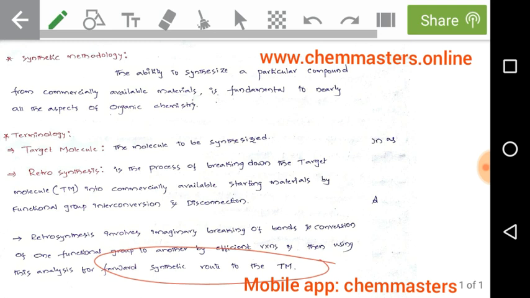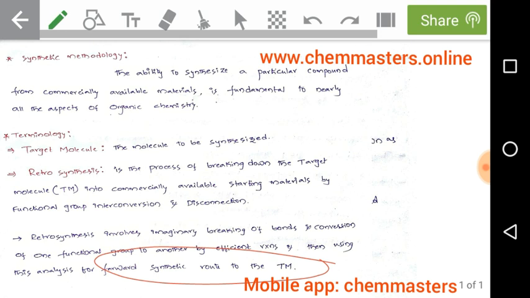Retrosynthesis is an emerging branch of organic chemistry nowadays. If one has command of retrosynthesis, one can easily solve the organic part. That's why it is very important for solving organic problems in standard examinations.